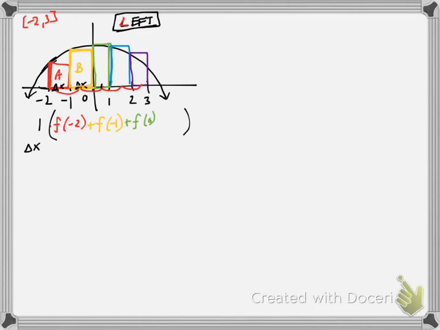Not f of 1, but f of 0. The next one's height came from f of 1 because it was the left endpoint in that interval, right here. And finally, the last interval, its height comes from the 2, not the 3. That's what it means by left endpoint, right?